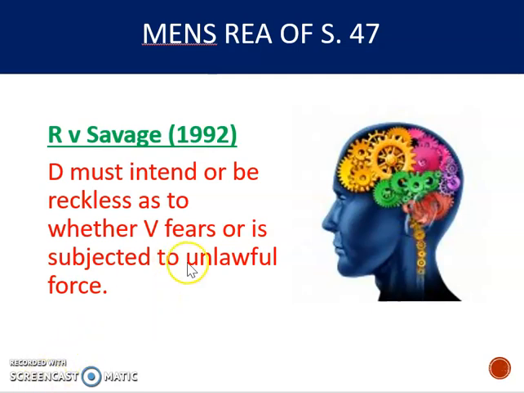Now you can see here that the mens rea has got the mens rea for assault and the mens rea for battery. And that makes sense, because if you think about the actus reus, you need an assault or a battery, which has led to ABH. So for the mens rea, you must have intended or be reckless as to whether you did the assault or as to whether you applied the unlawful force.